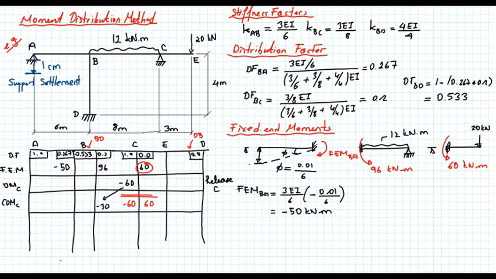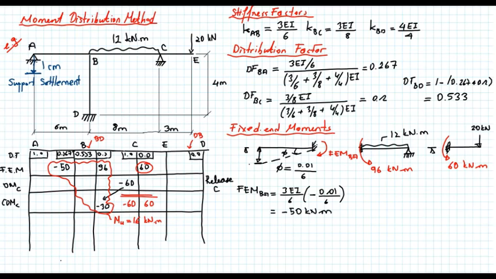Now I need to handle node B. So let's take a look at node B. Due to the support settlement I got minus 50. Due to the rotation at C I got minus 30. And due to the uniformly distributed load I got 96. So the unbalanced moment at node B is equal to 16 kilonewton meters. And this 16 will be resisted by members BA, BC, and BD.